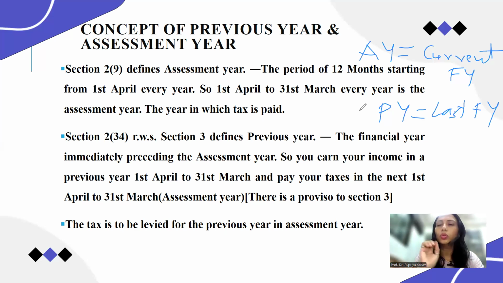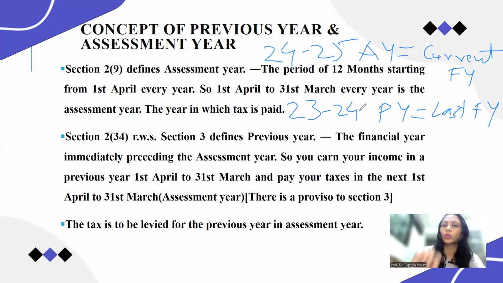Okay, so what is the assessment year going on? It is 24-25. And what about the previous year? It is 23-24. Okay, this is the difference between the previous year and assessment year.